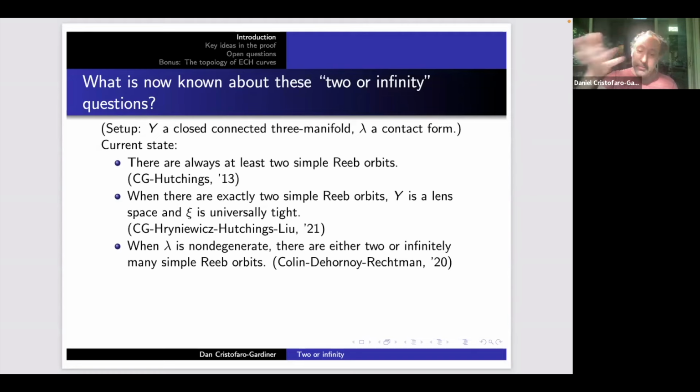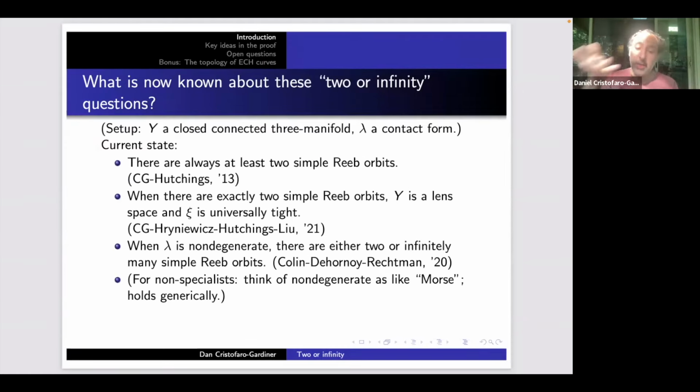So we're getting pretty close to satisfactory answers to these questions. Here's another remark about non-degeneracy. For the non-specialist, I don't want to actually define it. You can define it by demanding that one is not an eigenvalue of the linearized return map around all the Reeb orbits, but I don't want to put it on the slide. If you're not a specialist, you can just think of it as analogous to the Morse case.